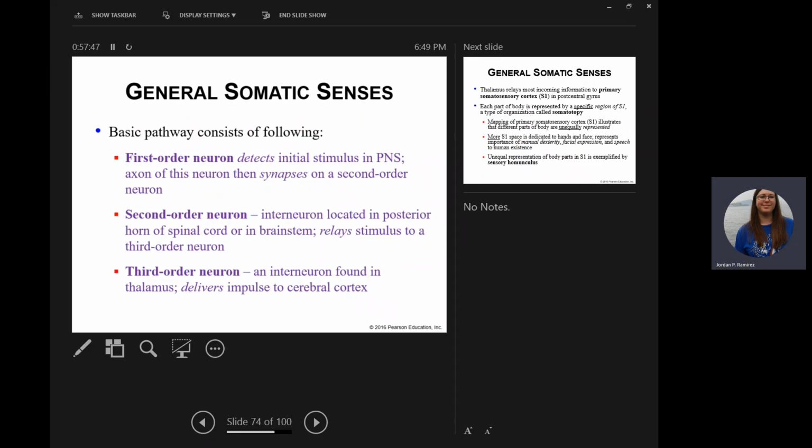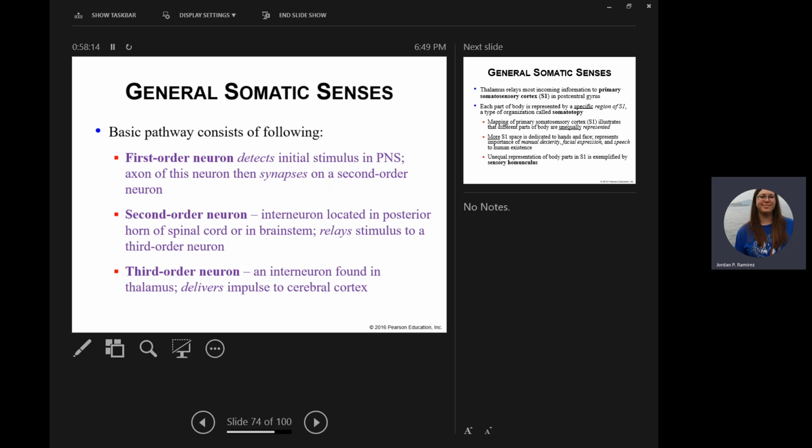All right. So this one, we do talk about first, second versus third order neurons. I might ask you maybe one question over this. First order neurons will detect initial stimuli in the peripheral nervous system. The axon of this neuron then synapses on a second order neuron. That's the first one really making contact with the peripheral nervous system.